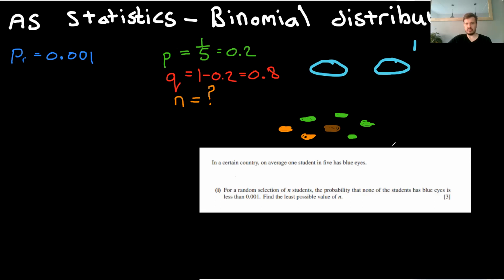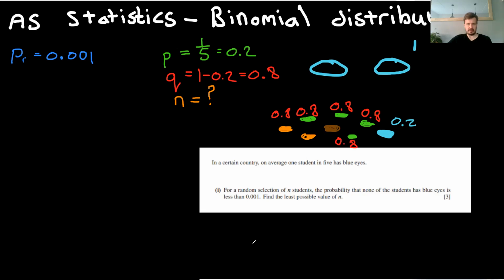As soon as we get a blue eye, that messes us up, because we want the probability that there are no blue eyes. So we know that the blue eyes was the 0.2. And all of the not blue eyes are the 0.8s. And so we want just 0.8s.